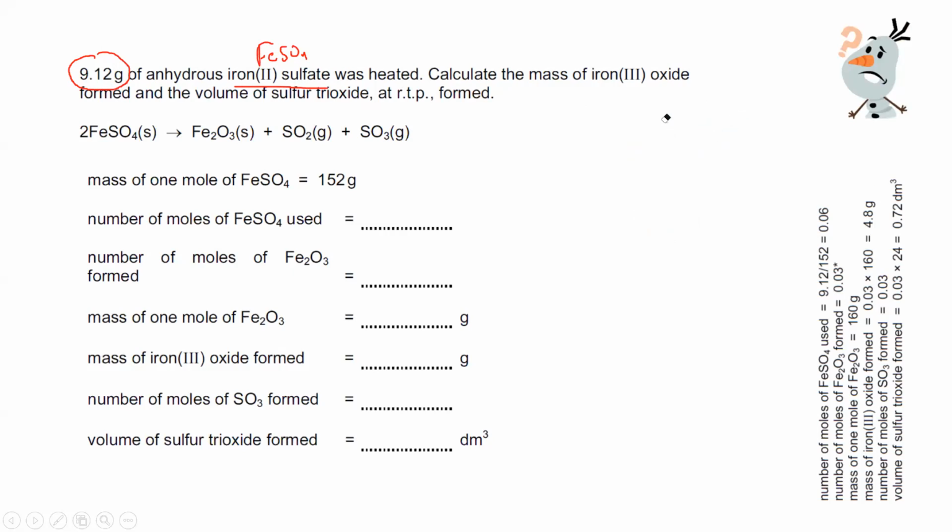That's the formula for iron 2 sulfate. It is heated. Calculate the mass of iron 3 oxide formed and the volume of sulfur trioxide. The term RTP means room temperature and pressure. The mass of 1 mole, so the molar mass, is given. The first one, we need the number of moles of iron sulfate.